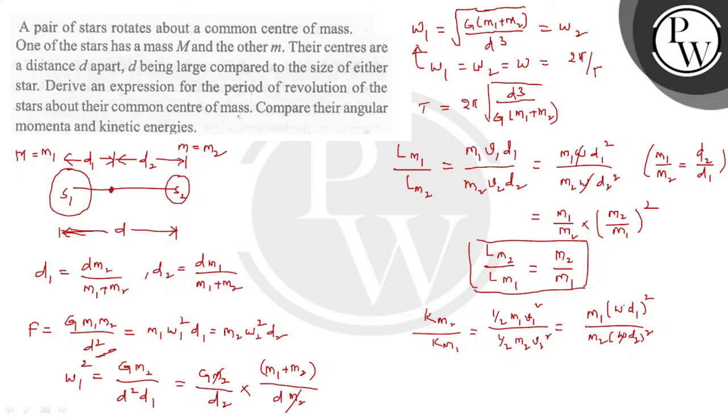This omega gets cancelled. So what are you going to get? d1 square by d2 square, and we already have the relation of d1 by d2 with the masses. So m1 by m2 into m2 by m1 whole square. So kinetic energy m2 upon kinetic energy m1 is going to be m2 by m1, same as with angular momentum. This is the answer.